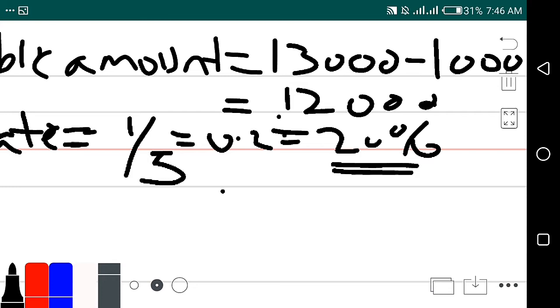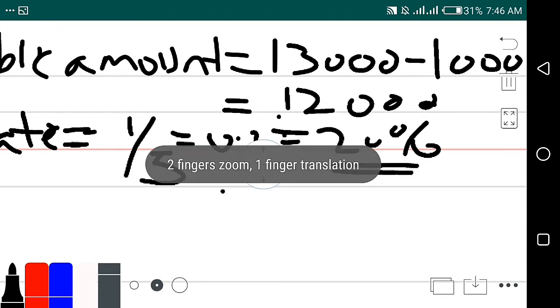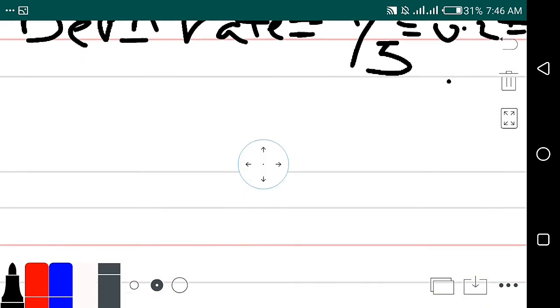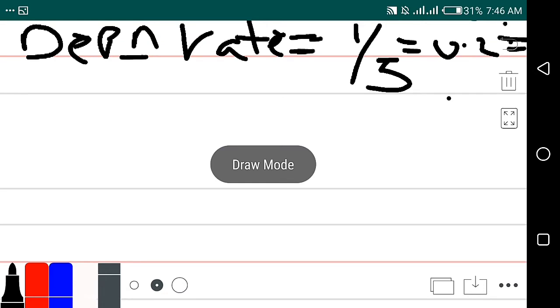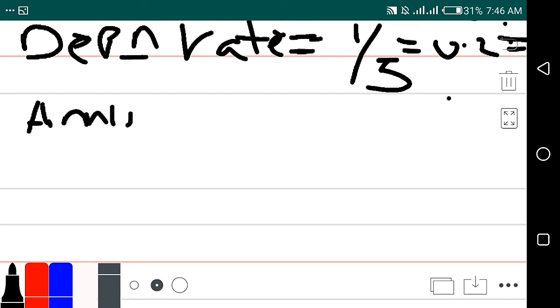Now we are going to calculate the annual depreciation expense. When we calculate the annual depreciation expense, there are two methods, as I have told you before.